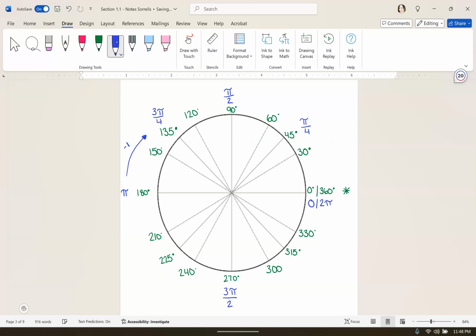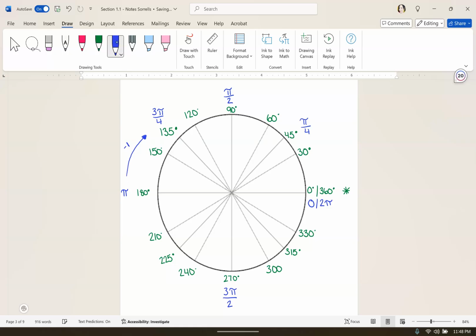So if you bear with me, this is 0, a fourth, a half, 3/4, and 1. So this is 0, 1/4, 2/4, 3/4, and 4/4. Okay, so that's kind of how this is working. So I'm going to leave that right there for a second.